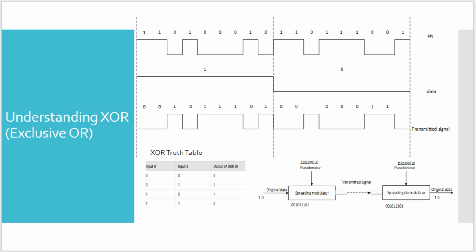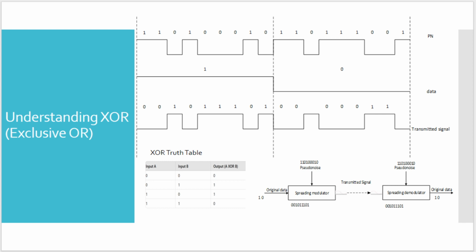So first one is 1, 1 is 0, and 1 1 is 0, so 0 0, and 0 1 is 1, 1 1 is 0, and 1 0 is 1, 1 0 is 1, 1 0 is 1, and 1 1 is 0, and 1 0 is 1.